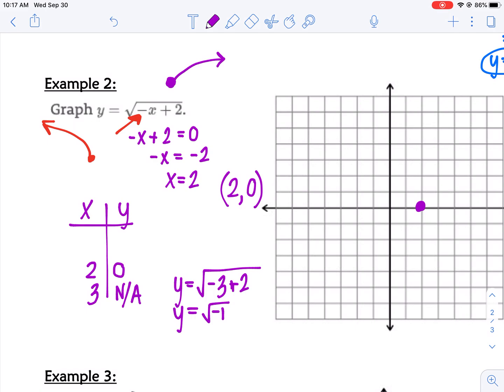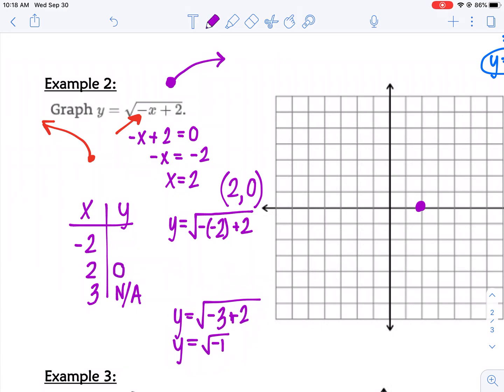How about if I plug in, I don't know, like -2? If I plug in -2, you get -(-2) plus 2. So I get 2 plus 2 is 4 under the absolute value. So I get y to be 2.